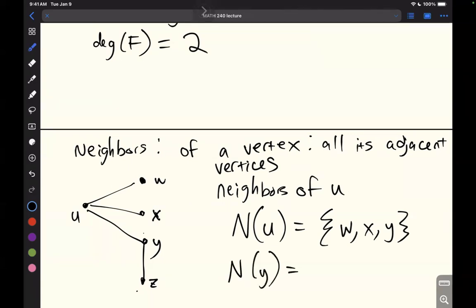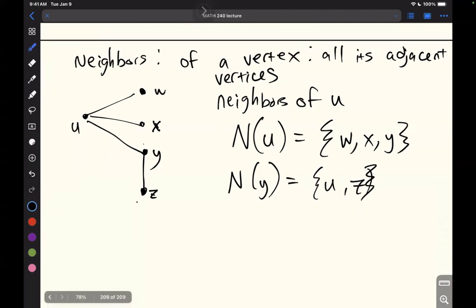What are the neighbors of Y in this graph? U and Z. So Y has an edge to U and also an edge to Z. So that's the set of all the neighbors.